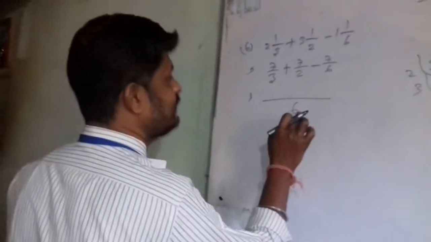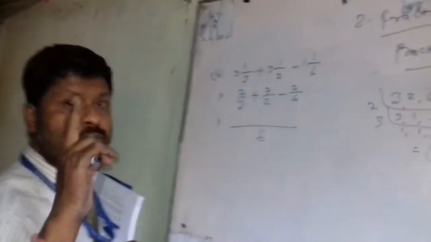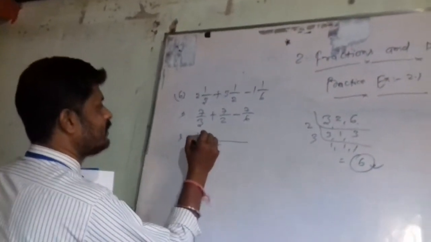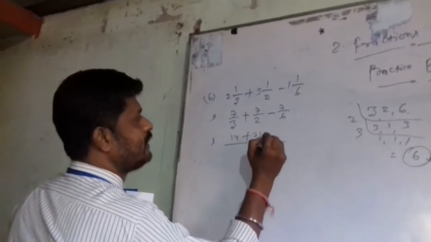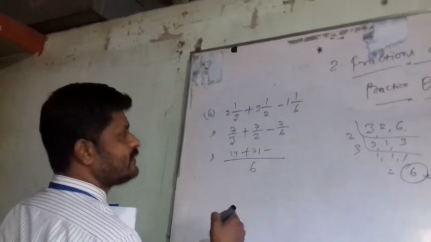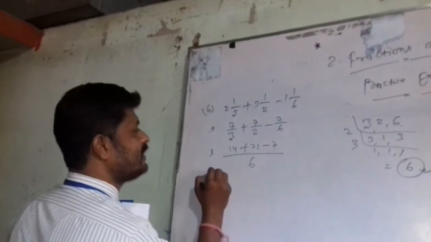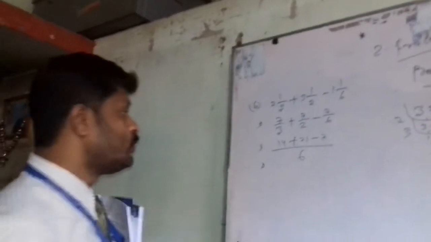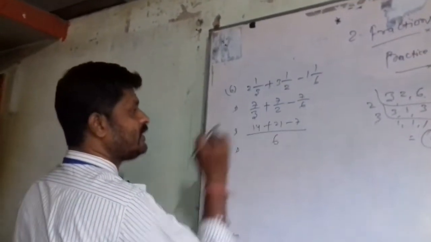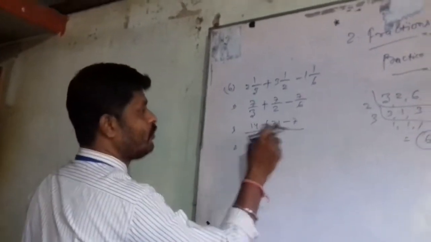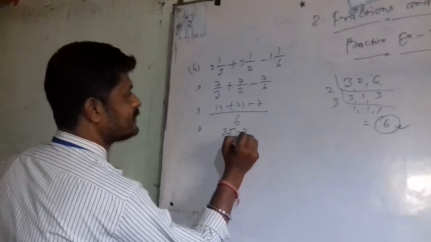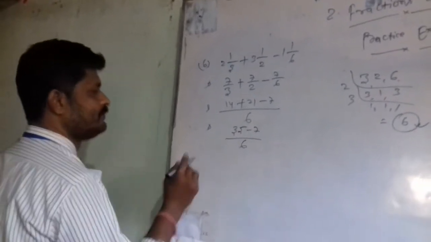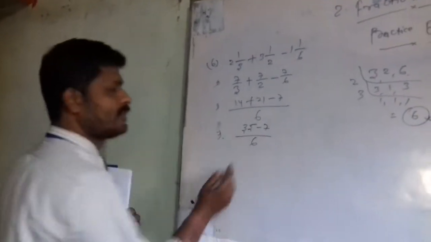After this, 6 divided by 3 is 2, and 7 times 2 is 14. Plus 6 divided by 2 is 3, and 7 times 3 is 21. Minus 6 divided by 6 is 1, and 7 times 1 is 7. Now 14 and 21 are added, which gives 35, minus 7 over 6.